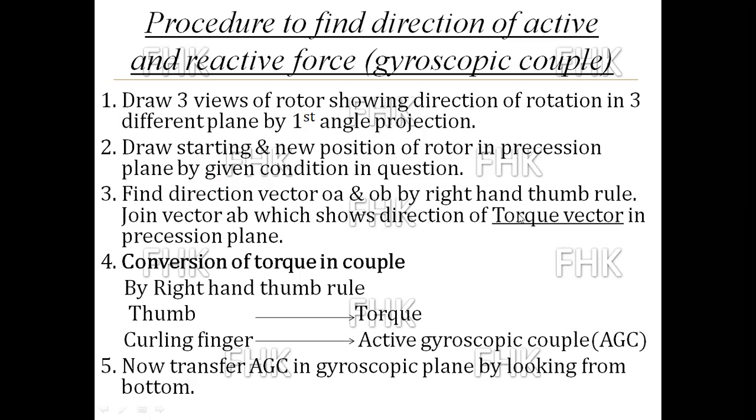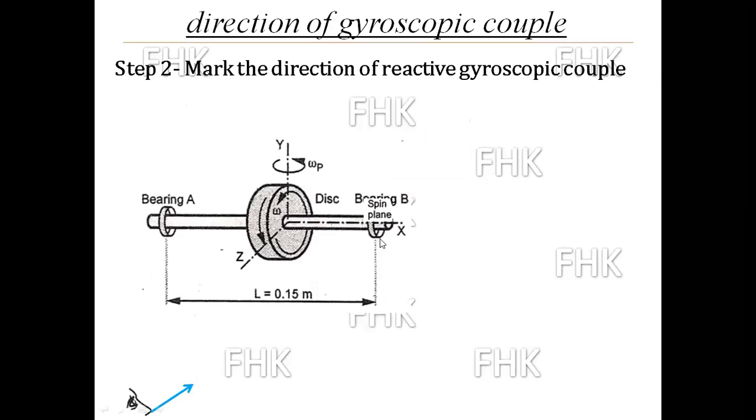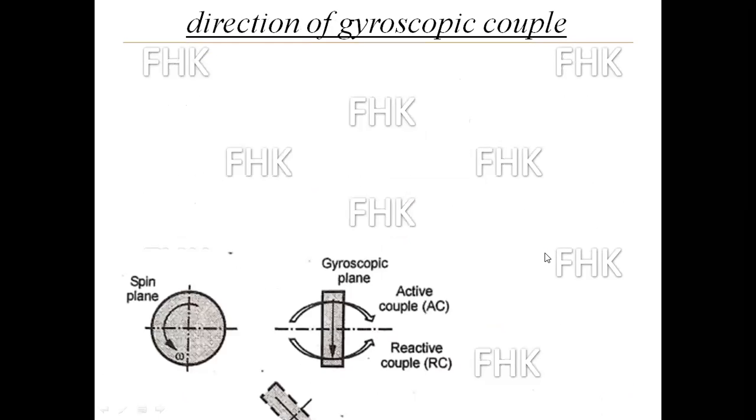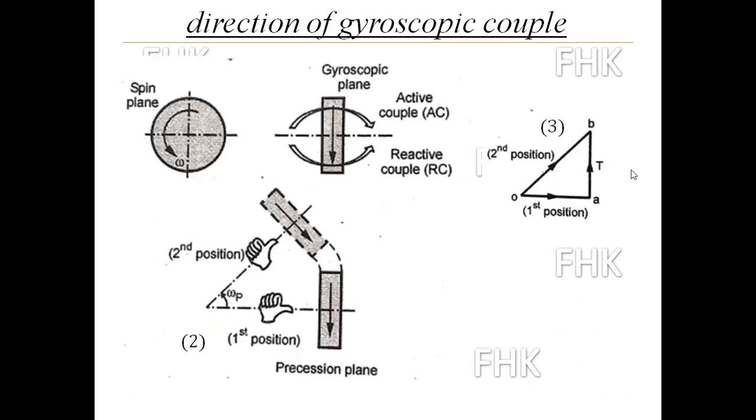The magnitude we have already found out by the formula I omega omega P. Now we are finding the direction of this torque vector in the precession plane. These are all vectors in the precession plane. A to B. We have already found out the direction of the vector.